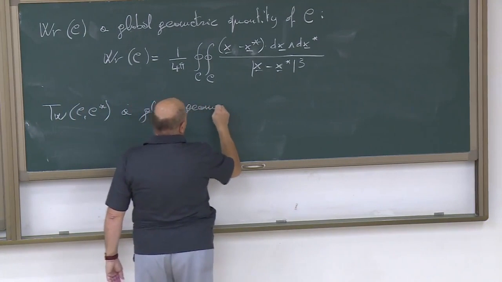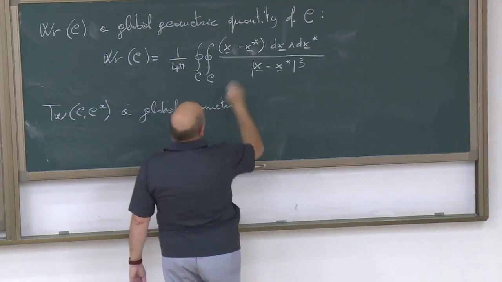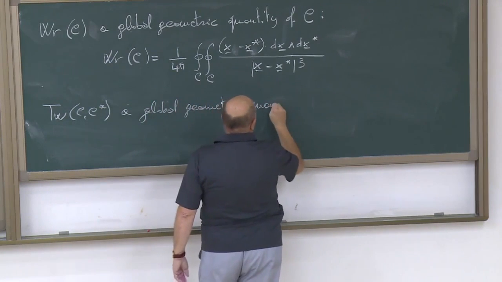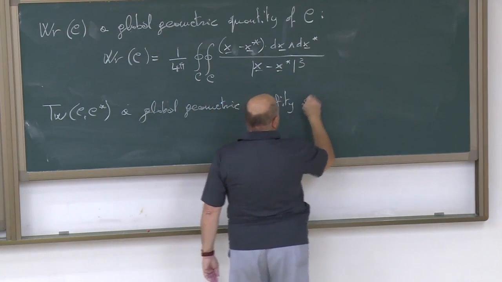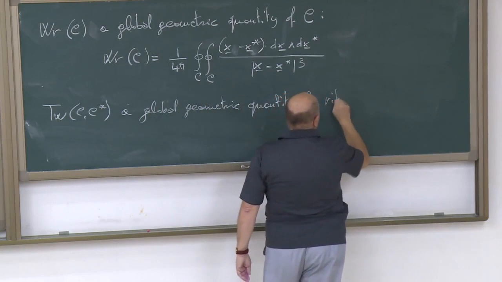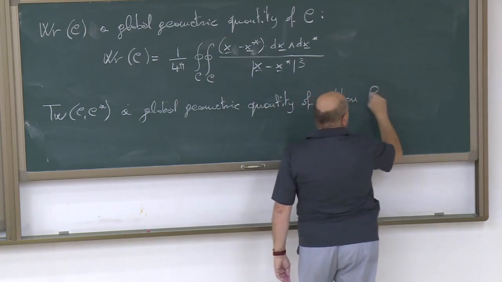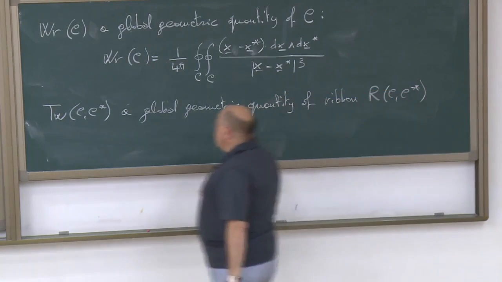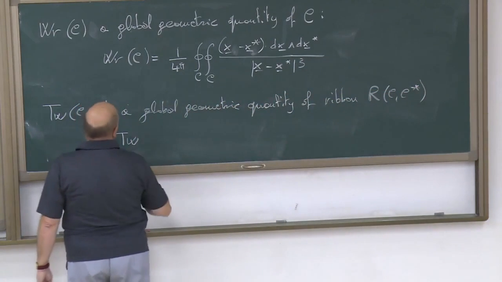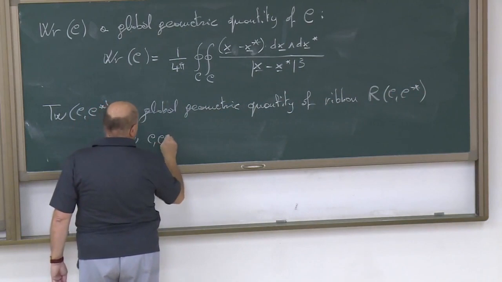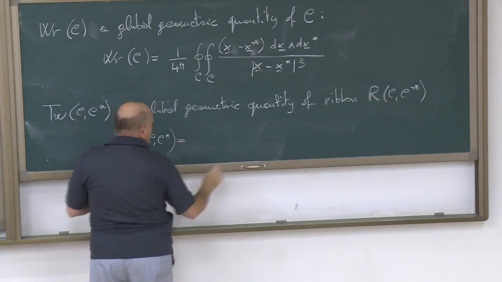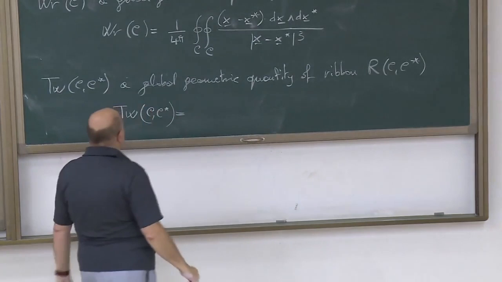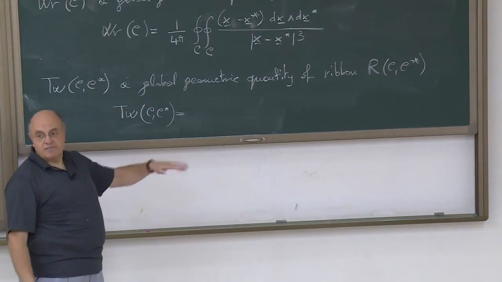And twist of C, C star is a global geometric quantity of the ribbon, and it can be further decomposed.